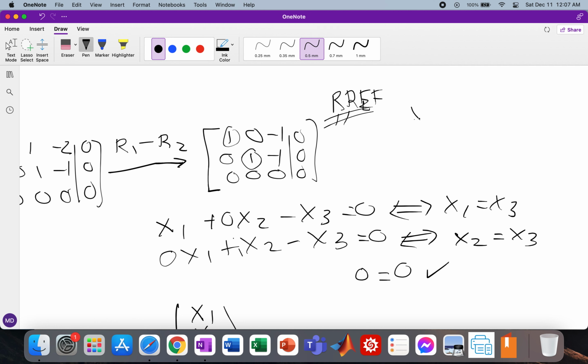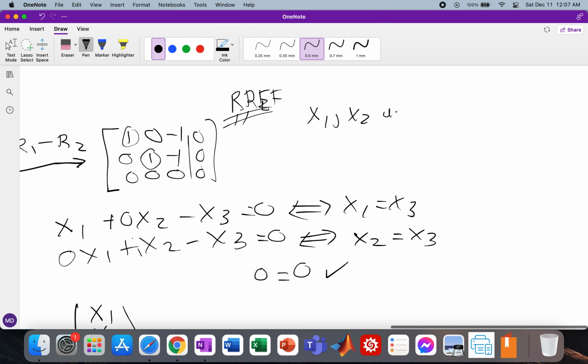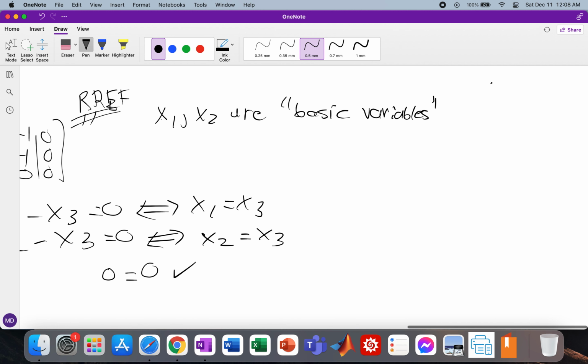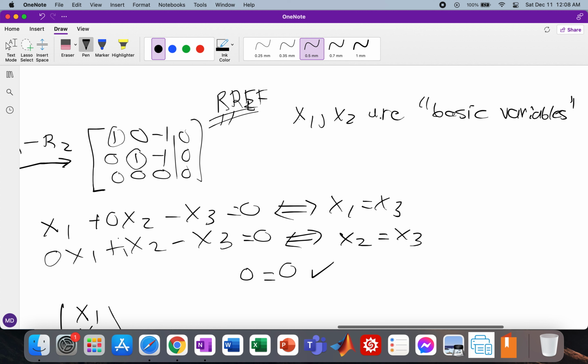So what we like to say is x1 and x2 are so-called basic variables because they correspond to pivots in the RREF of A. So if there's a pivot in that column, then that variable is a basic variable.